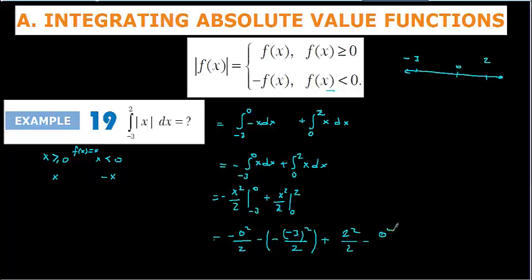Then the first expression must be equal to 0 here. This minus and this minus is going to be plus, and 3 squared is 9 over 2. Here it's 4 over 2, plus 0 over 2, and the answer is 9 over 2 plus 4 over 2, which is equal to 13 over 2.